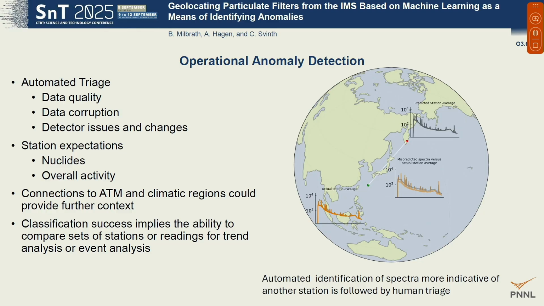I think with a little more work, there's something interesting there, because of this note that neighboring stations were often confused with one another. With some study of connecting to ATM and climatic regions and so forth, there will be further interesting things. For example, when these two stations, the Japanese station and the Russian station, look alike or are confused, maybe that represents periods of strong fronts.